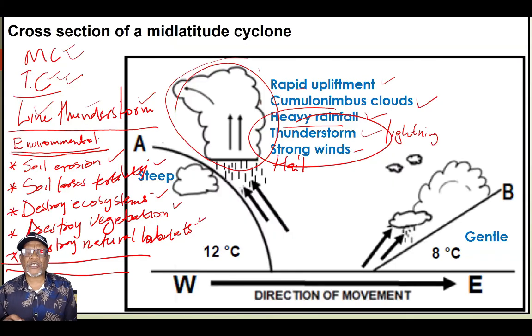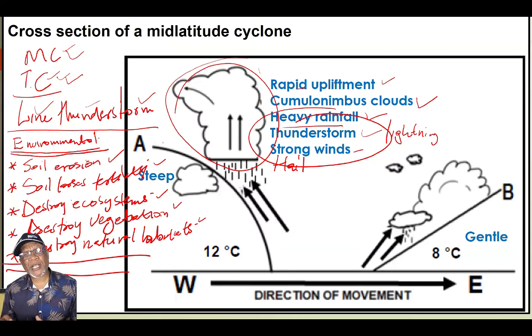It says coastal environment. It does not say natural environment. So now you can also bring about the destruction of ports, harbors, infrastructure, and all other things that are not natural. So you must be careful, read what the question wants.